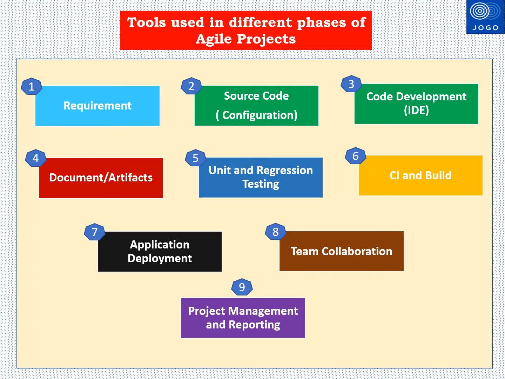The phases or activities covered are requirement management, source code management, code or application development interfaces, document or artifacts management, unit testing and regression testing, continuous integration and build management, application or product deployment, team collaboration, and project management and reporting. You can consider the tools highlighted in this video based on the cost, technology feasibility, and number of users in your organization.